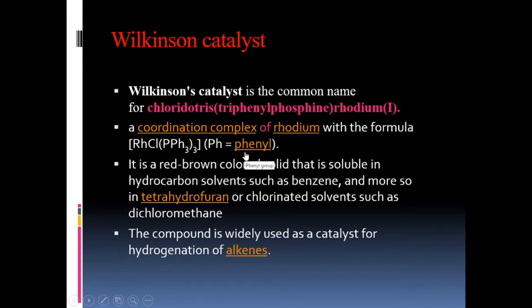It is a red-brown solid that is soluble in hydrocarbon solvents such as benzene, in ethers such as tetrahydrofuran, or in chlorinated solvents such as dichloromethane, and the compound is widely used as a catalyst for hydrogenation of alkenes.